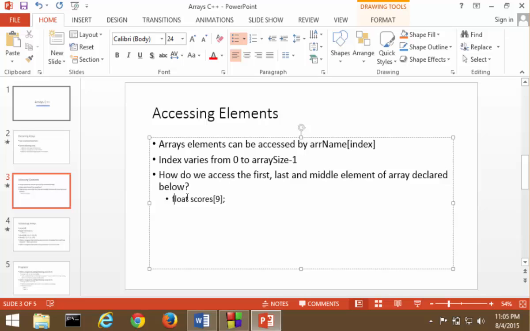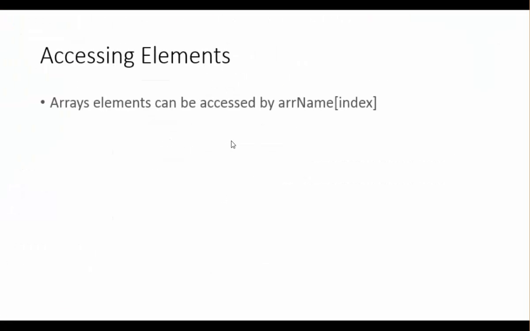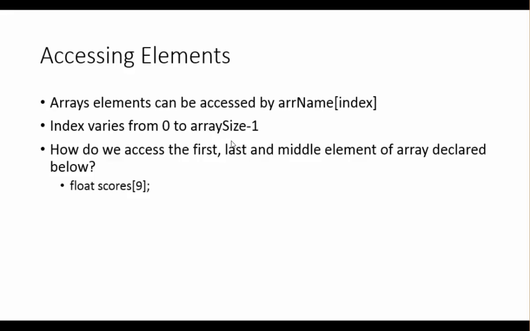Now clear? So we are talking about an array here. How many elements are there in the array? 9. So how will you access the first element? scores, in the bracket 0. Last element will be scores of 8. Middle element, total 9 elements.